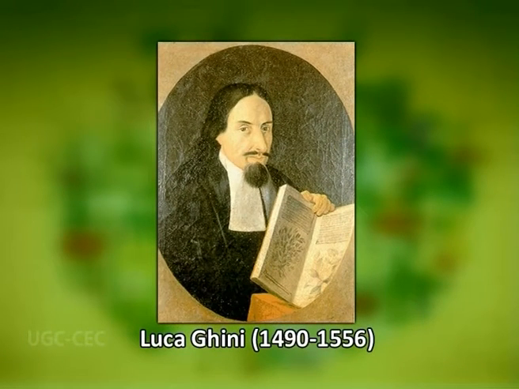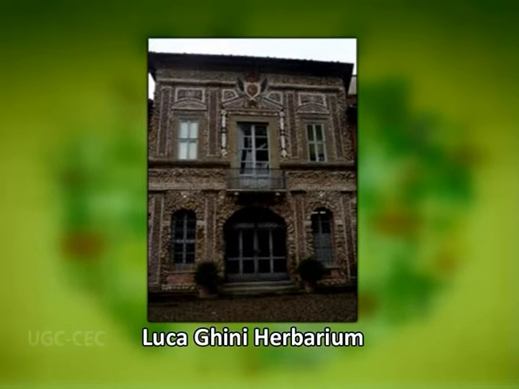Now let us have a discussion on its historical background. The credit for the invention of herbarium goes to an Italian by the name of Luca Ghini. Since his time, this art of herbarium making was disseminated to other parts of Europe by his students.